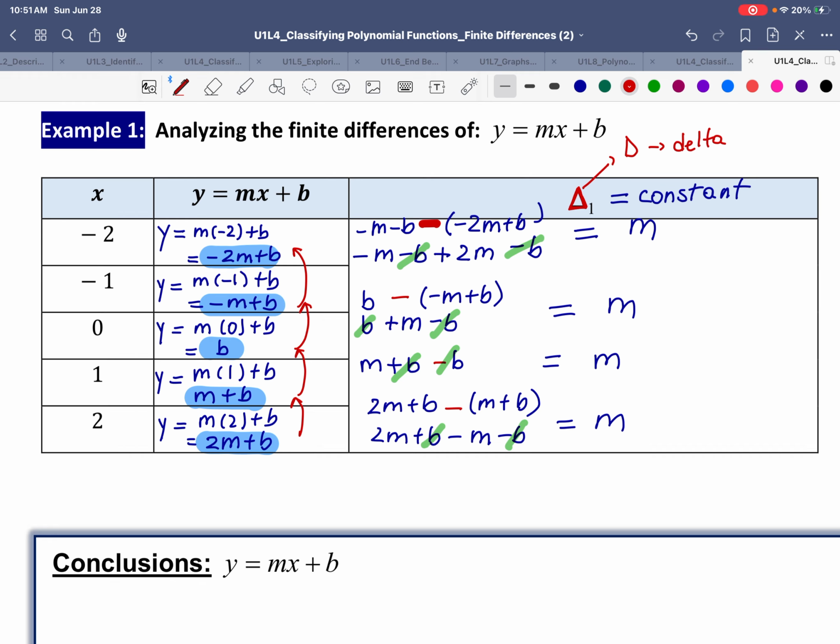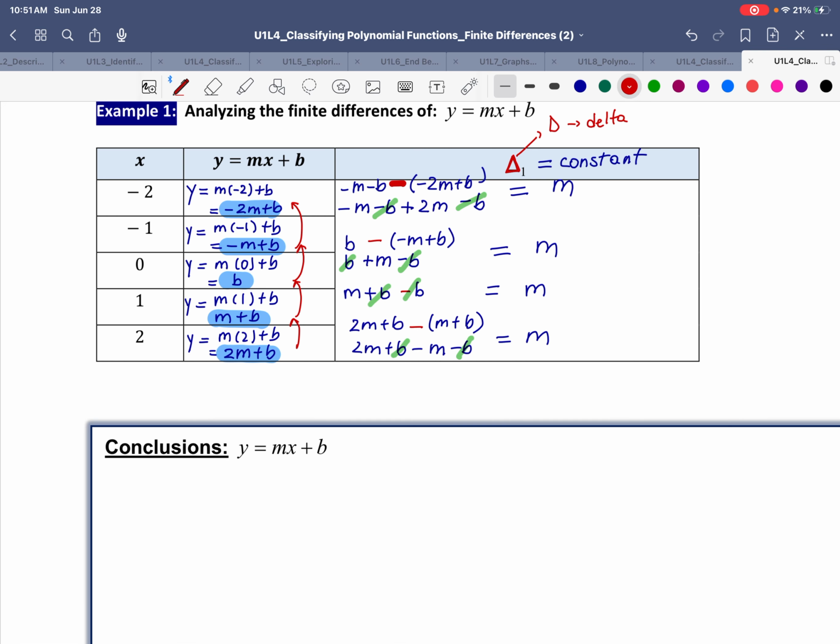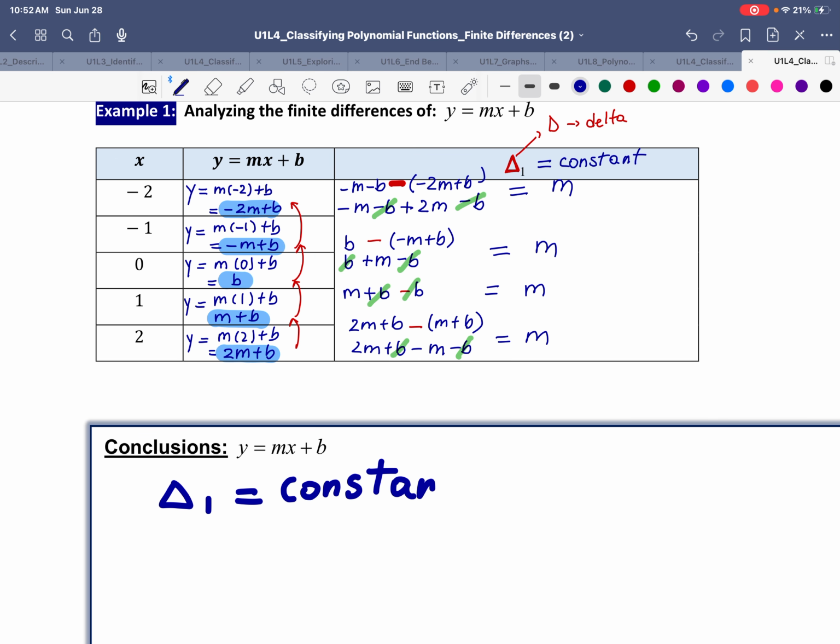We use this to signify the first letter of the word difference in English. So in our case, the first differences are constant, so this will be our conclusion number 1: delta 1 is constant. That tells us that this will be a first degree polynomial function.